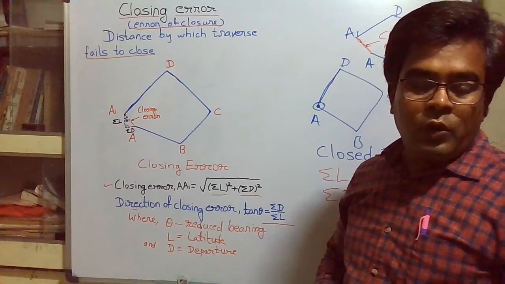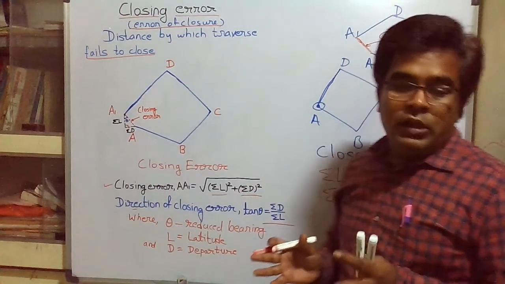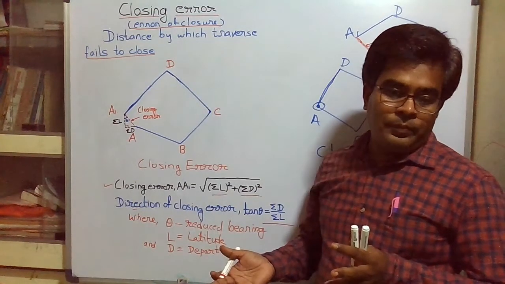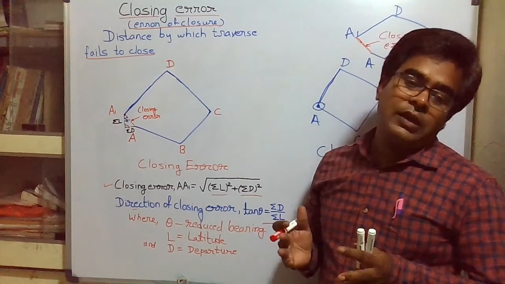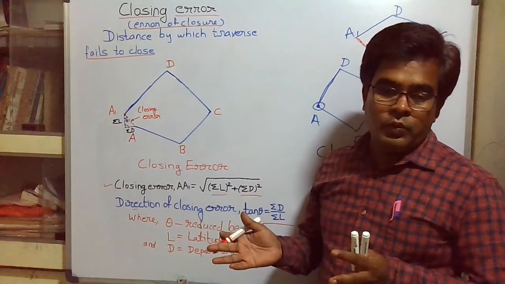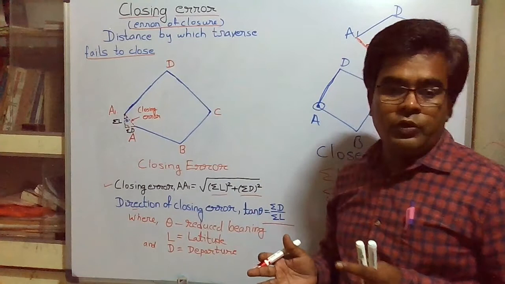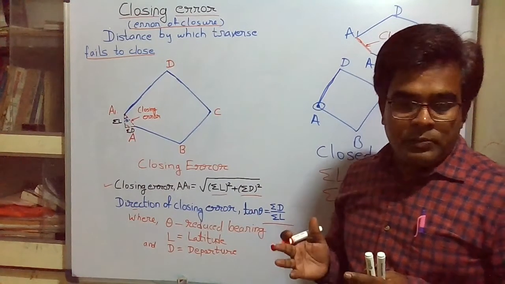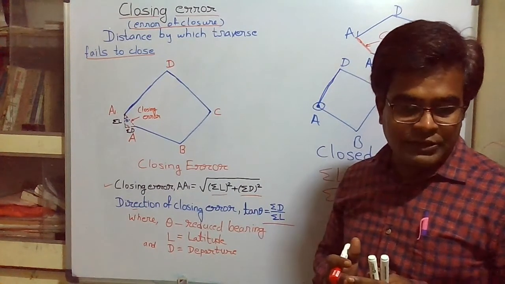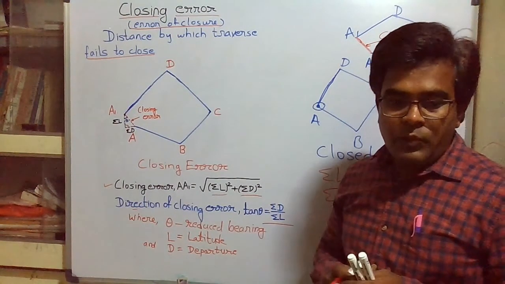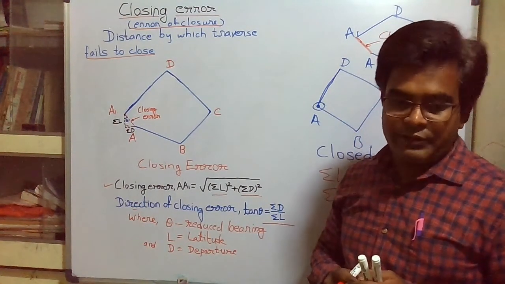We don't know exactly while measuring which line error has occurred, or which angle is faulty, where we made a mistake. So there are some methods to balance the traverse. We are going to discuss how to balance the traverse.